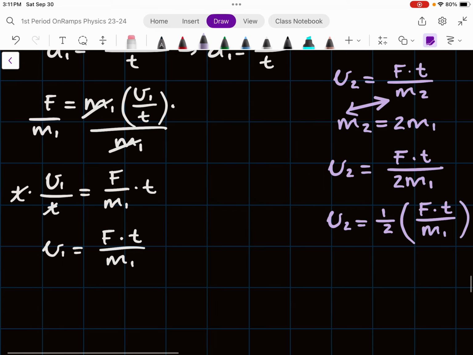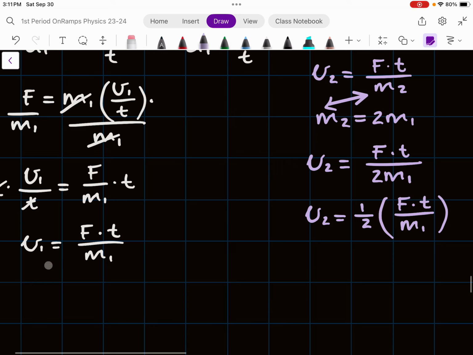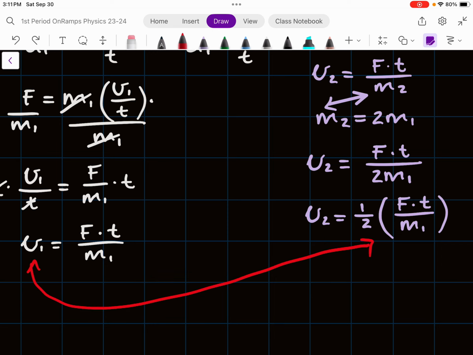Now I want you to look at these two. Velocity 1 is equal to this. Notice how they're the same thing, okay? So what I'll do is I'm going to plug in velocity 1 instead of this expression.